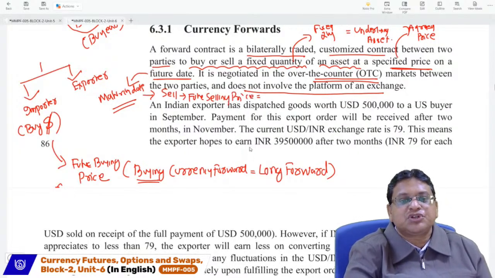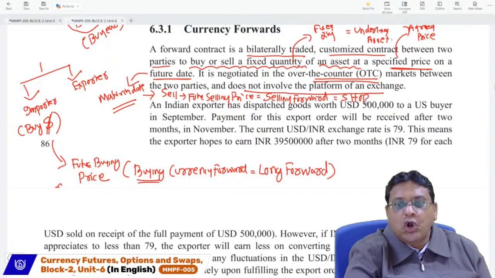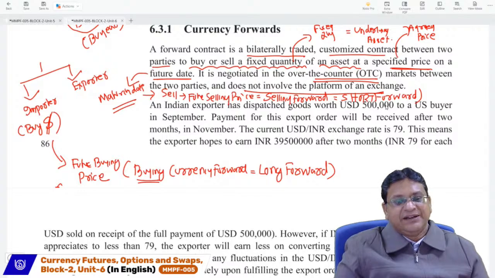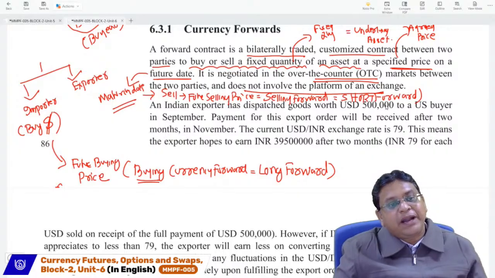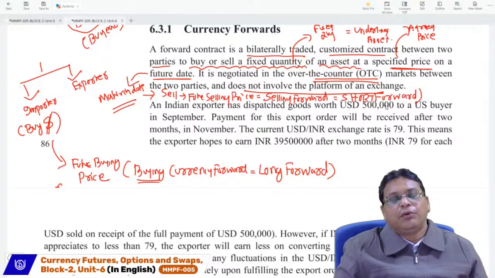He can fix it with the help of a selling forward contract. What is a selling forward contract? Selling forward means sell, means short position. So he can take short forward. With the help of short forward, an exporter can reduce his risk. In order to reduce risk, the importer will go for long forward and the exporter will go for short forward. This is the position in a currency forward contract. Okay.